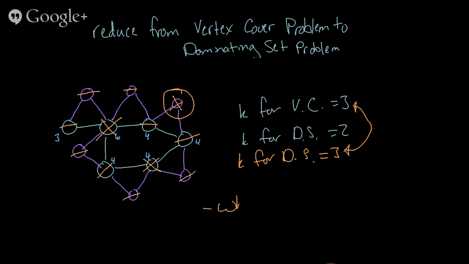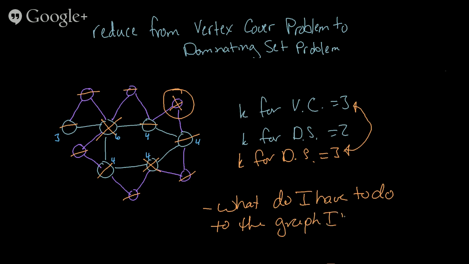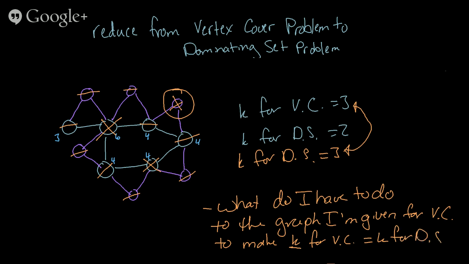So ask yourself, what do I have to do to the graph I'm given for the vertex cover decision problem to make the K for vertex cover equal to the K for your dominating set problem?